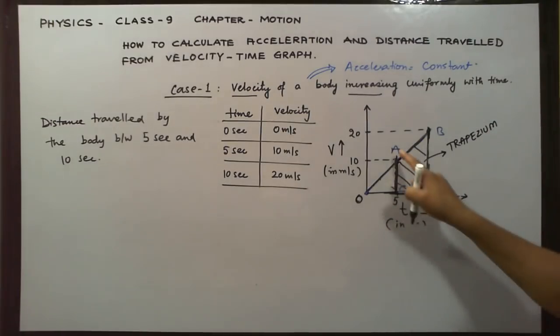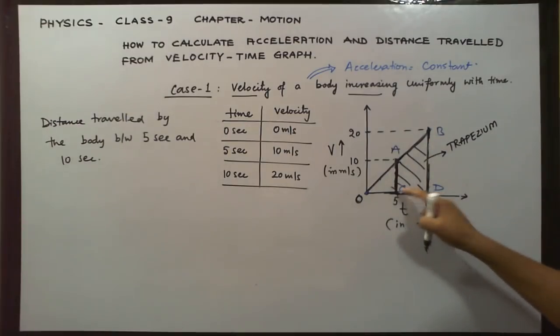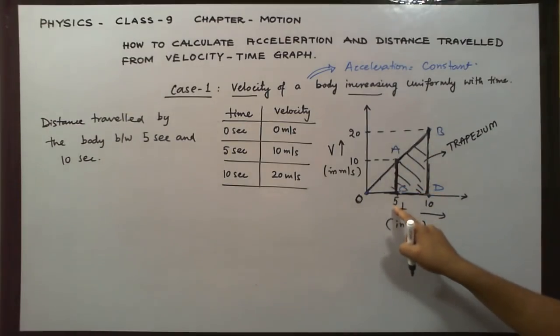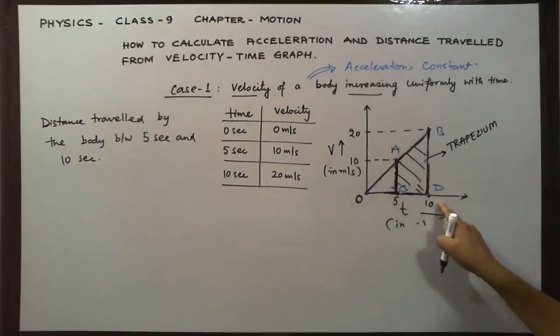So if you calculate the area of this trapezium, you will get the distance travelled by the body between 5 seconds and 10 seconds.